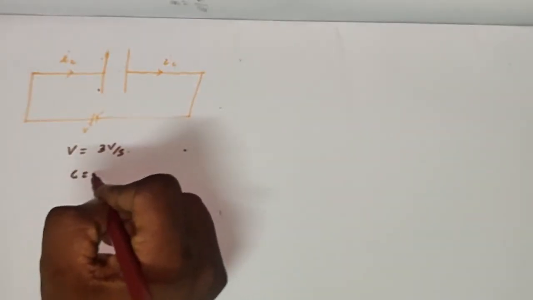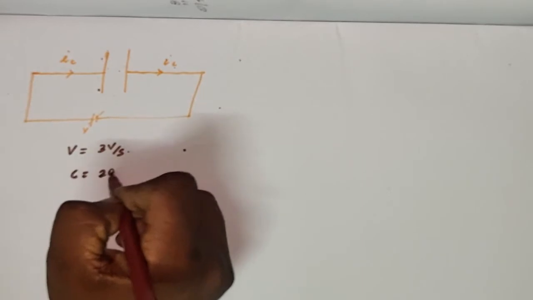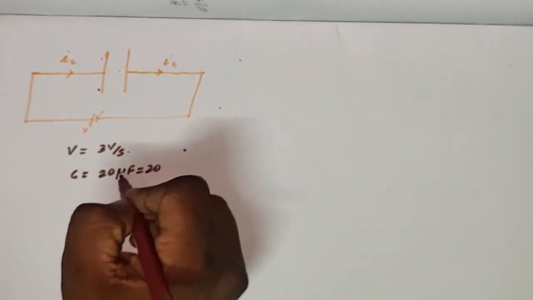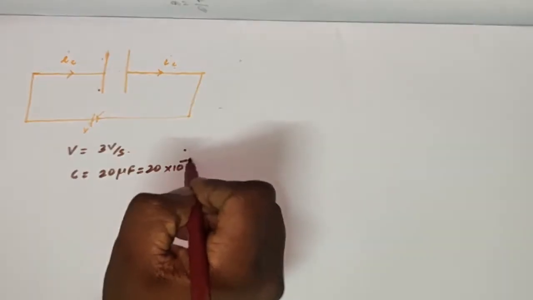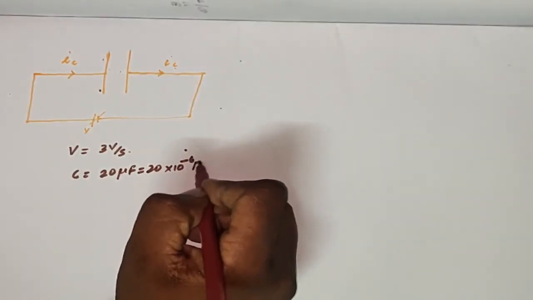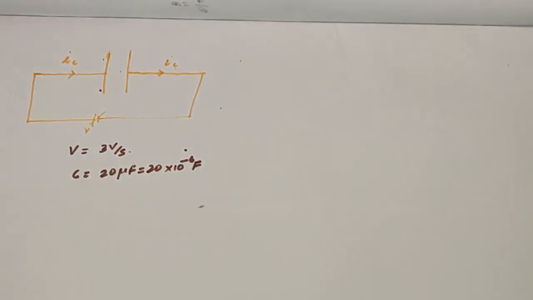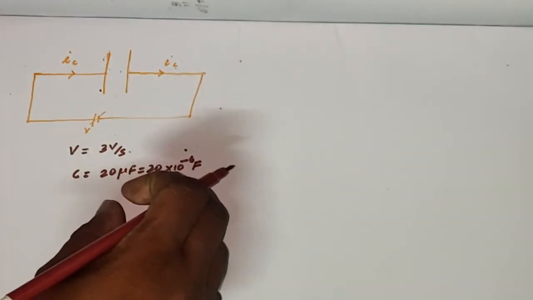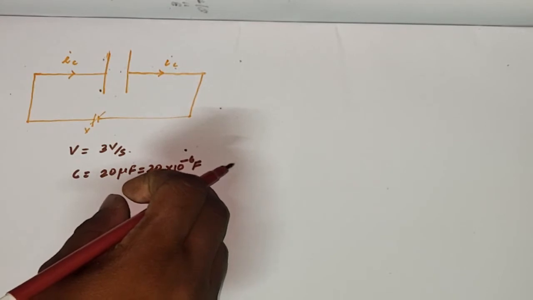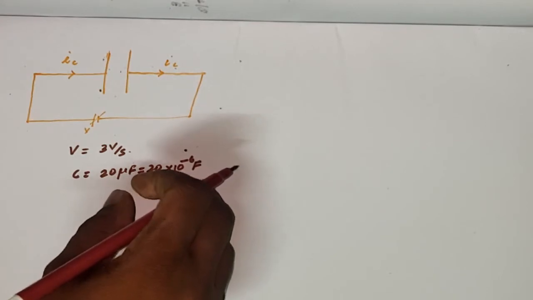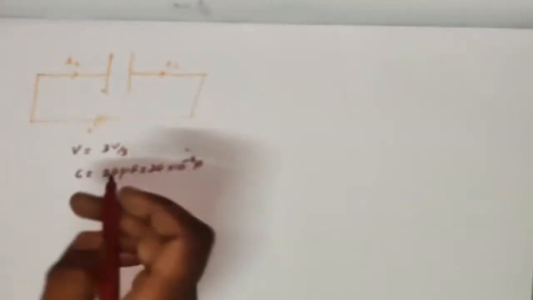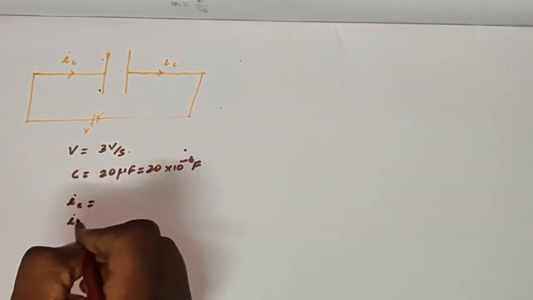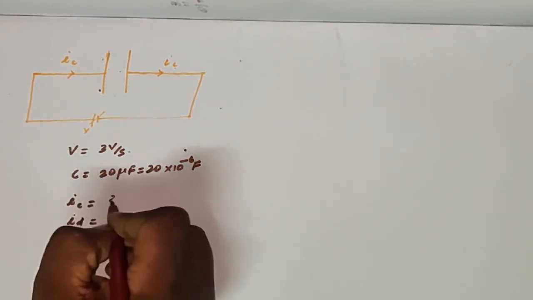C usually represents the capacitance of the capacitor, 20 microfarad, or 20 into micro, where micro is equal to 10 power minus 6 farad. These two things are given. Then they are asking what is the conduction current through the connecting wire and what is the displacement current through the plates of the capacitor.